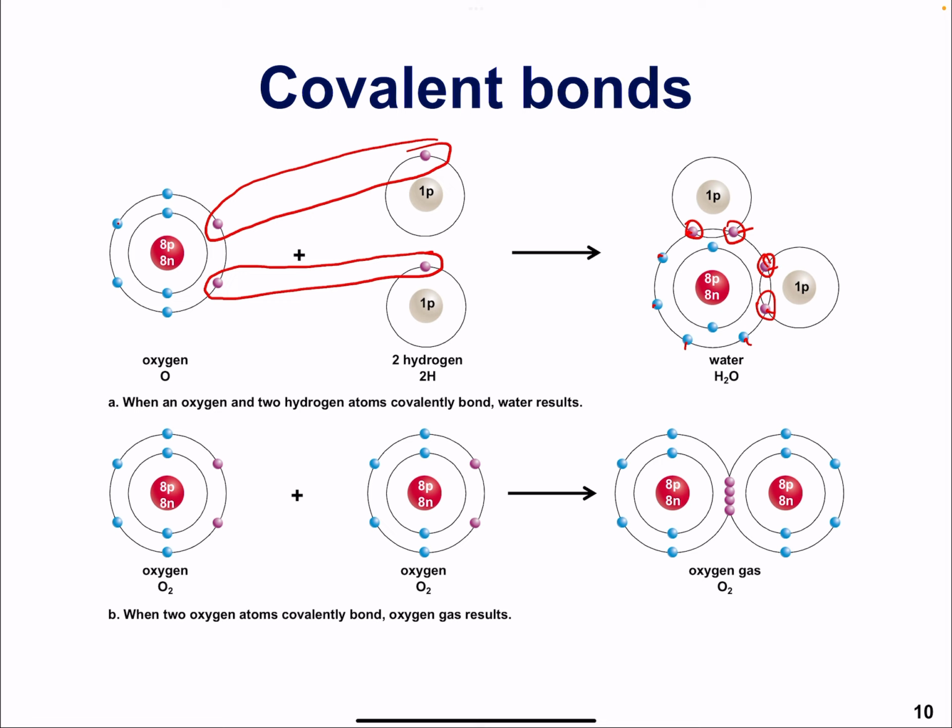Let's take a look at oxygen gas. In oxygen gas, 2 atoms of oxygen, one here and another one here, are going to come together by sharing their electrons here so that the outermost electron shell can become stable. So these are covalent bonds.